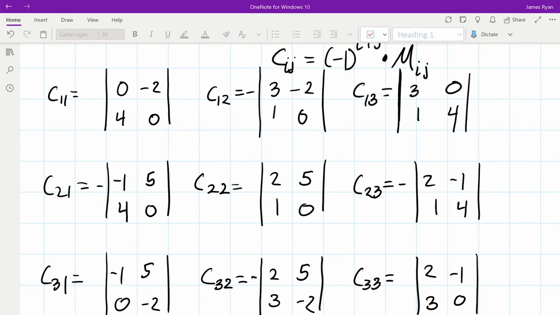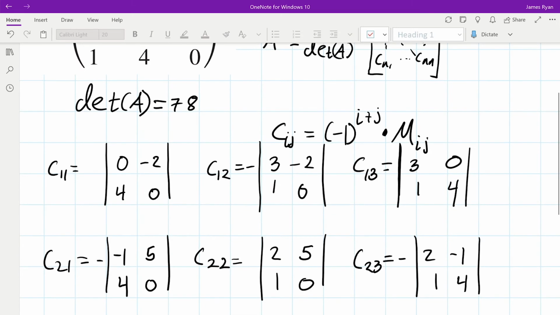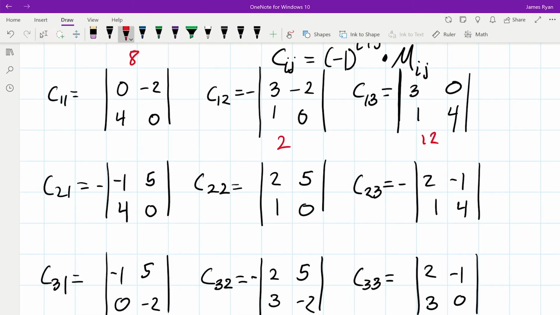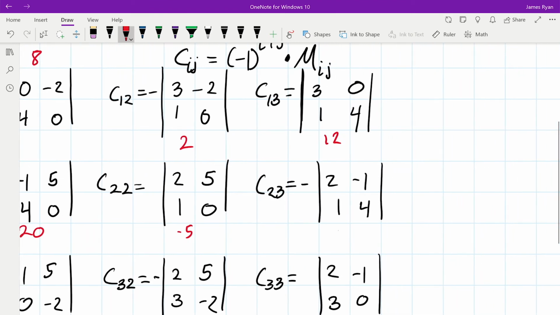And so if we compute all of these real quick, I'll do this in red, this is 8, this is 2, this is 12, this is 20, this is -5, this is 8 plus 1 is 9, so -9.